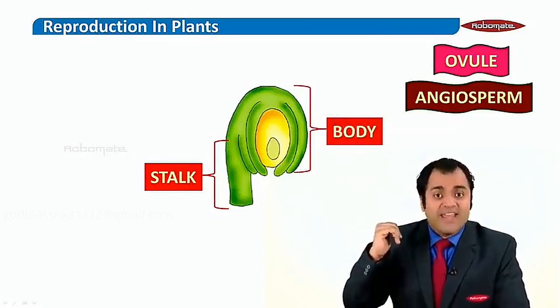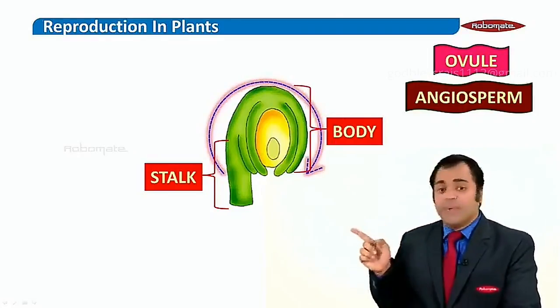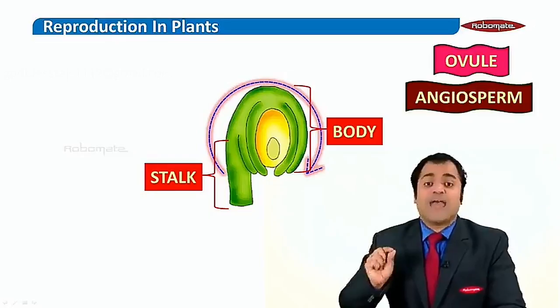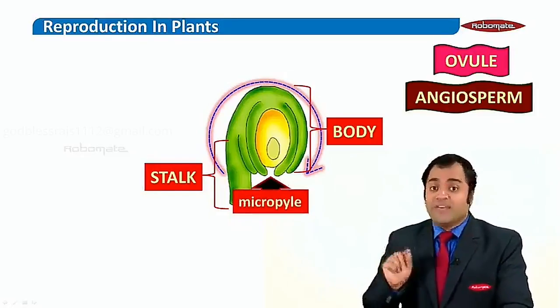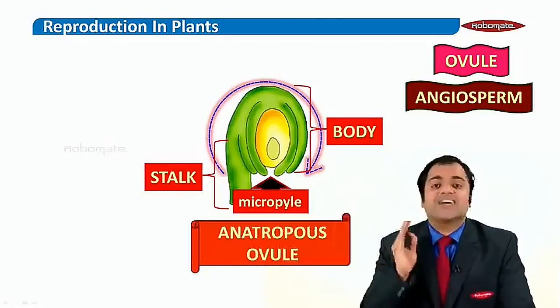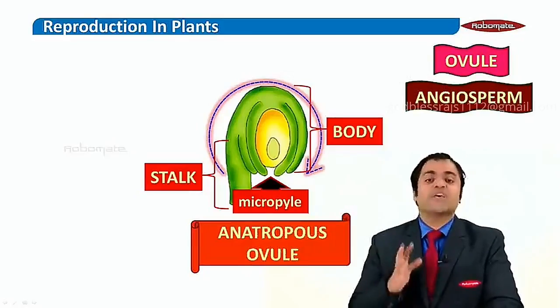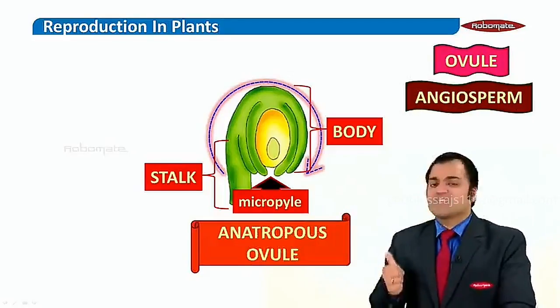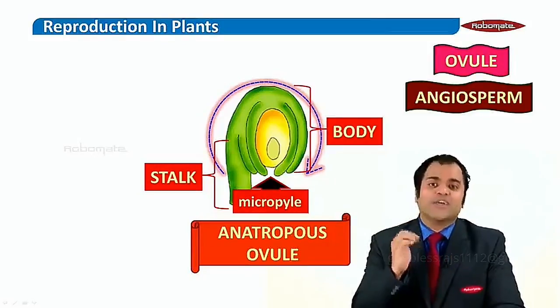So the body of the ovule is inverted and it leaves an opening down there which is called the micropyle. And when the micropyle lies very close to the stalk, it is called an anatropous ovule. Remember, in most angiosperms, the ovule is an anatropous ovule. In simple words, it is an inverted ovule.